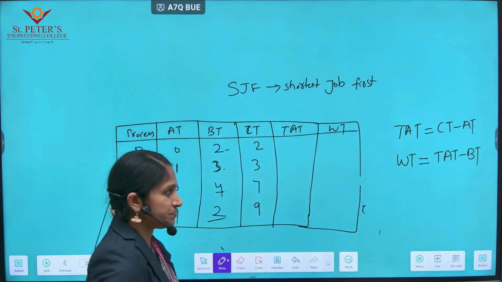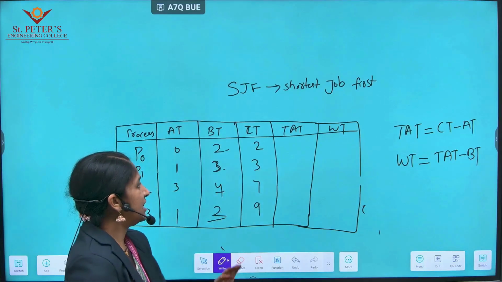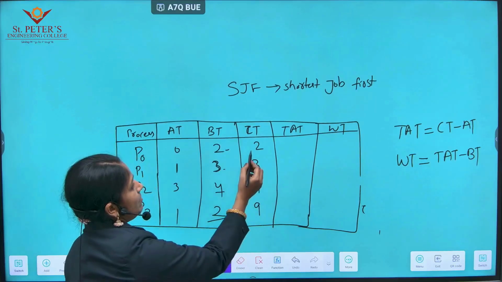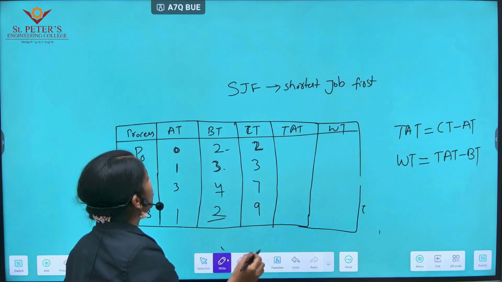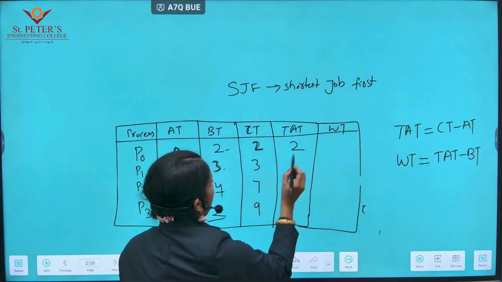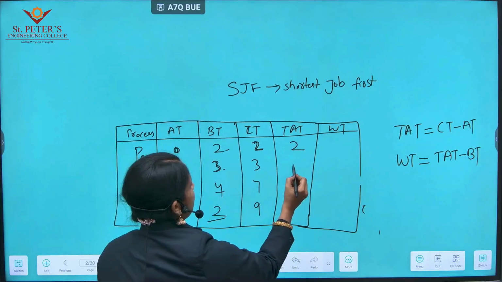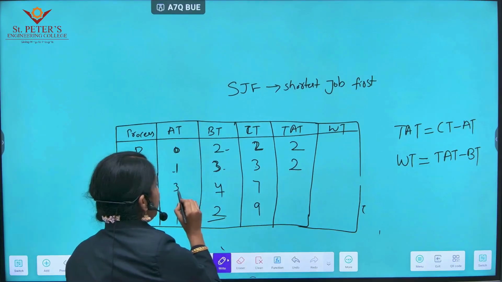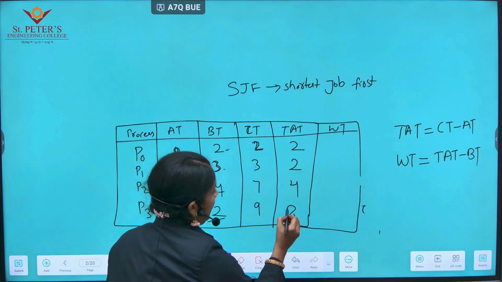So turnaround time means completion time minus arrival time. P0 completion time is 2 and arrival time is 0. 2 minus 0, that is 2. P1 turnaround time is 3 minus 1, that is 2. 7 minus 3, that is 4. 9 minus 1, that is 8.